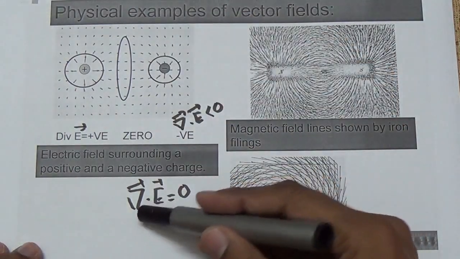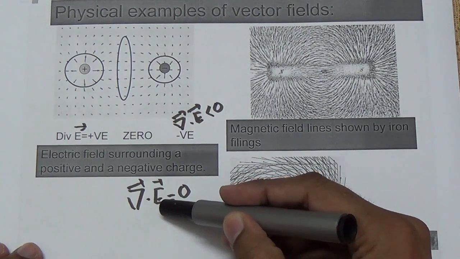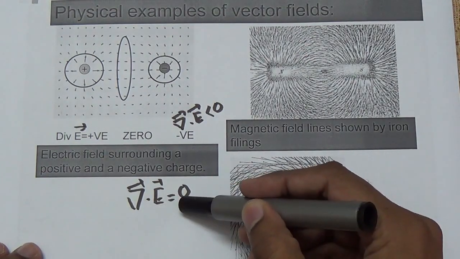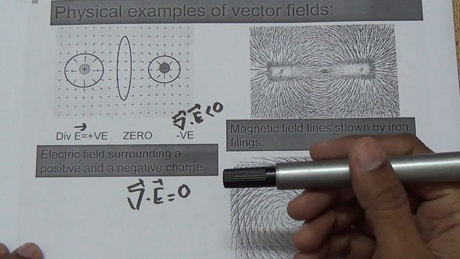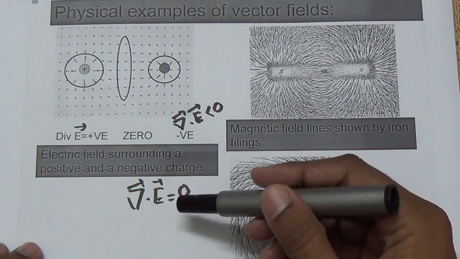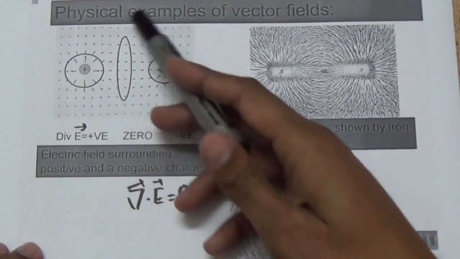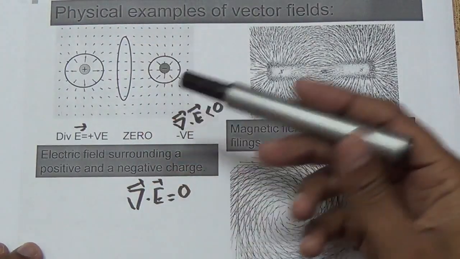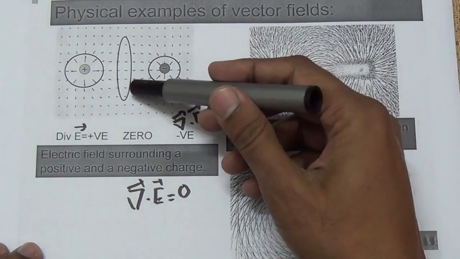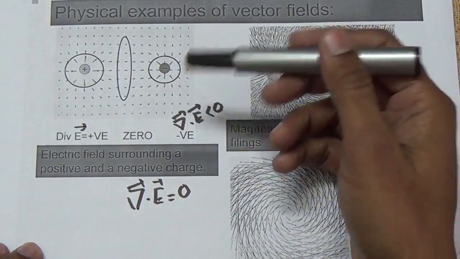When the divergence of an electric or magnetic field function is 0, we are saying that the total electric flux which we have measured is 0. Why? Because the total number of electric field lines which enter through this open surface are equal to the number of lines which are coming out from the other end.